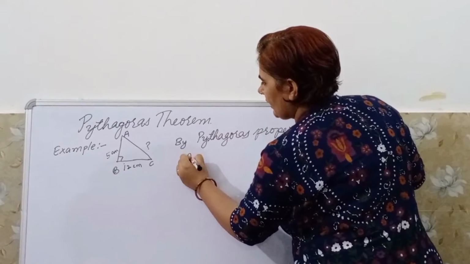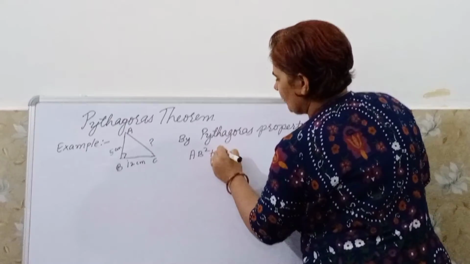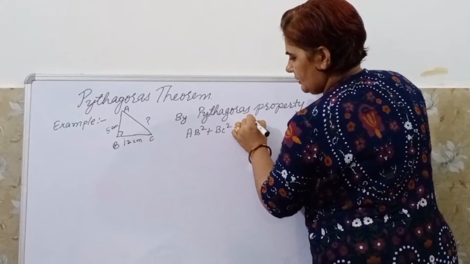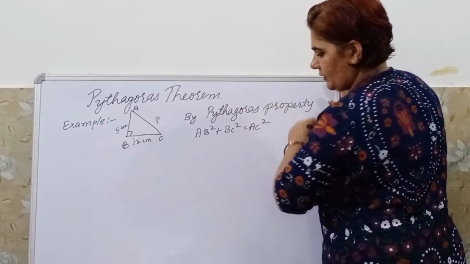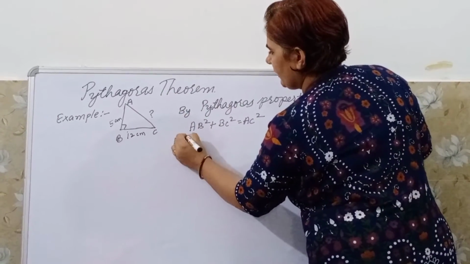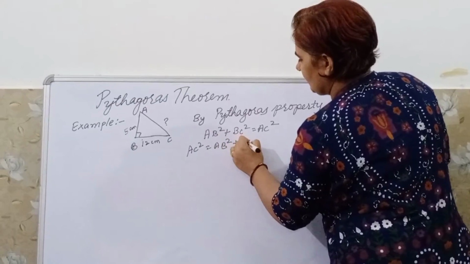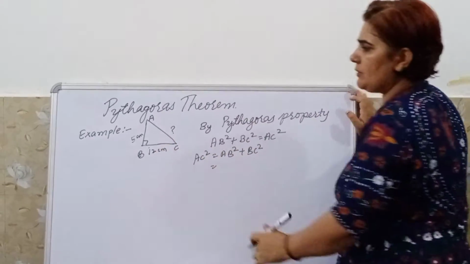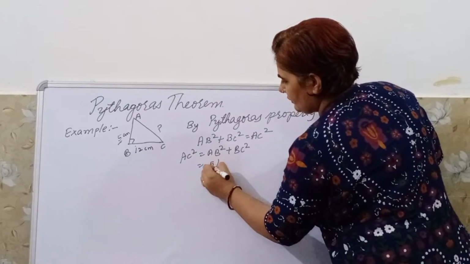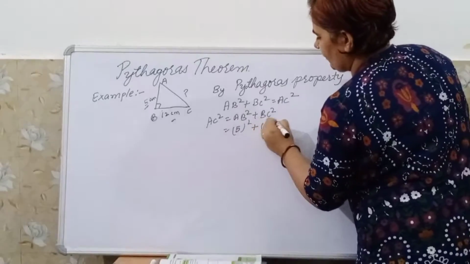So AB square plus BC square is equal to AC square, right? This hypotenuse, or you can say AC square, is equal to AB square plus BC square. Here what is the value of AB? That is 5. So 5 square plus 12 square.